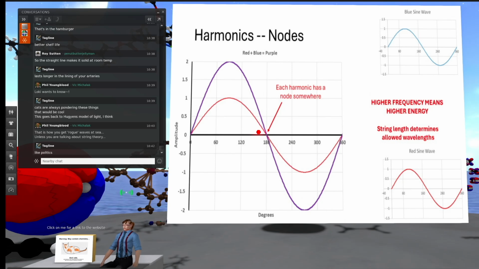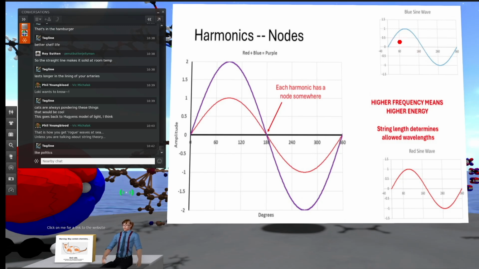Let's see if this string were vibrating twice as fast. It would have an area where it's moving up while an area is moving down on the other side of the string. There'd be a point in the middle that is motionless. That point is called a node.